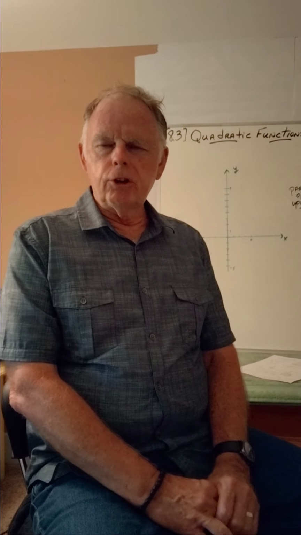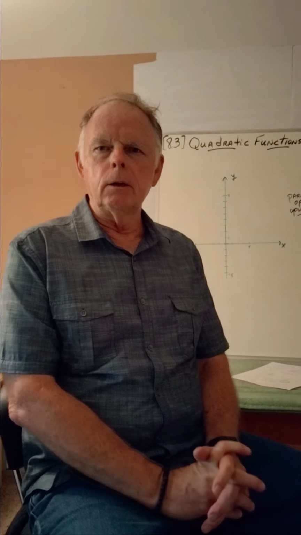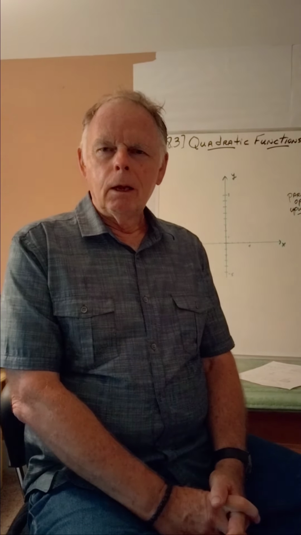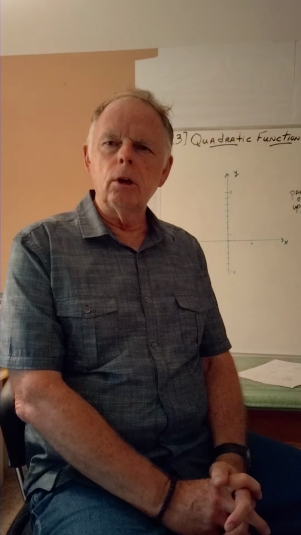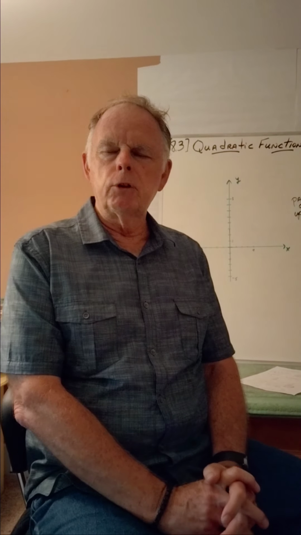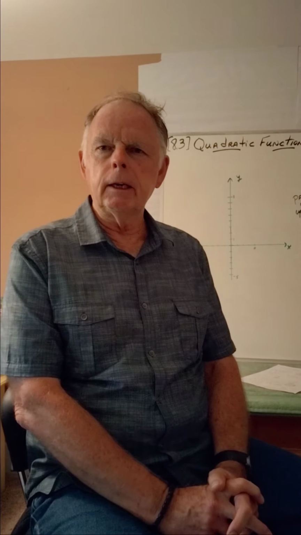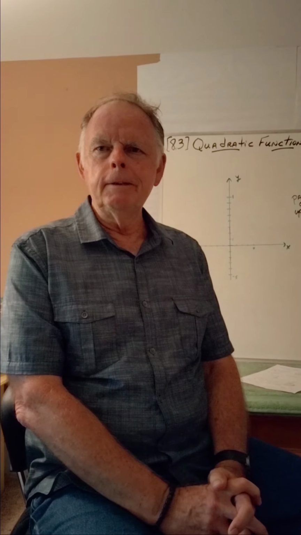We're in the midst of Chapter 8, and just to give you a bit of summary of what we've done and where we are going. In sections 8.1 and 8.2, we looked at 3 additional methods of solving a quadratic equation. The first method was the square root method.